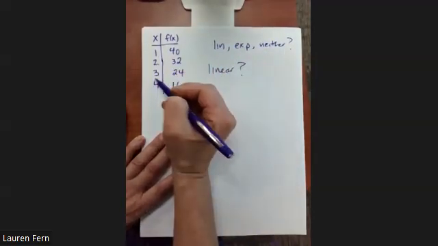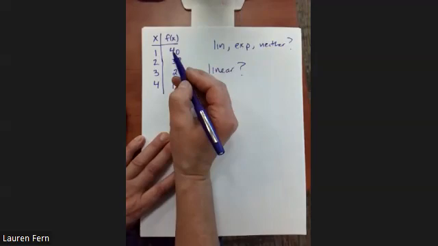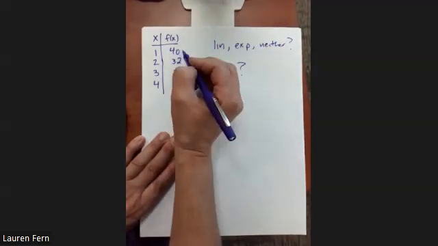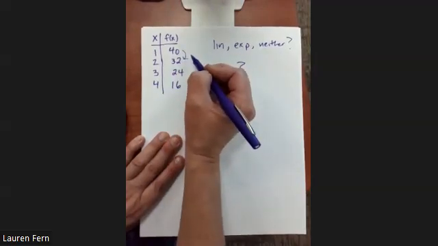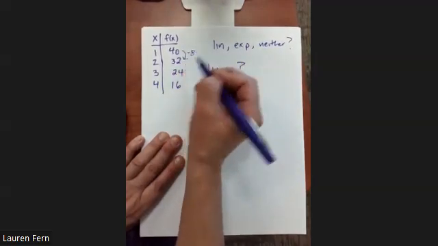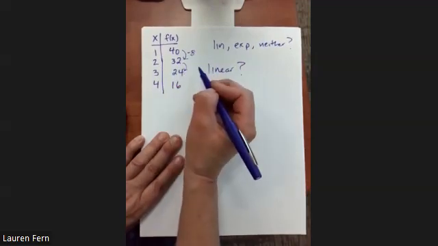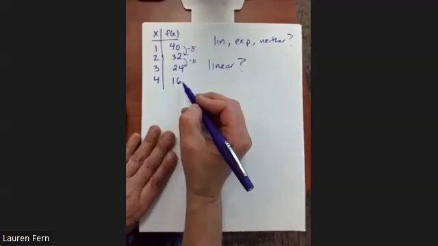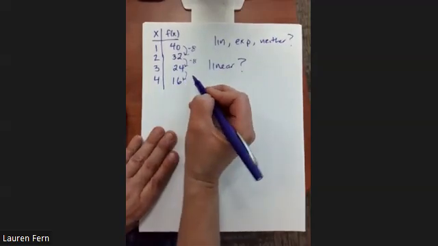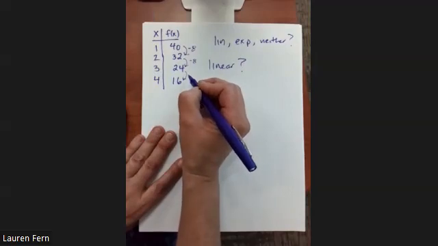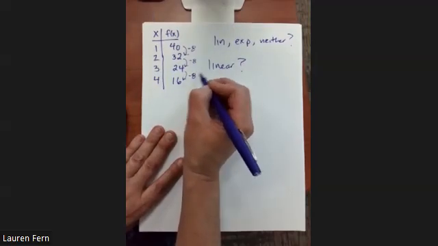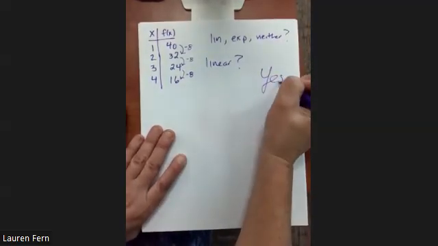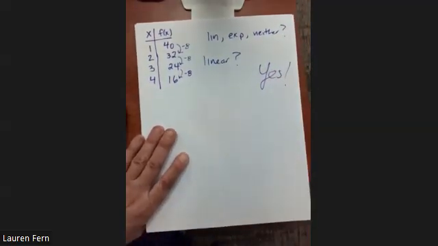Well, notice our x values are changing by the same increment, so we just need our function values to be changing by the same increment. How do you get from 40 to 32? You subtract 8. How do you get from 32 to 24? You subtract 8. Whoa, we're on a roll. It just has to work this next time too. How do you get from 24 to 16? You subtract 8. Woohoo! Is this linear? Yes, it is linear.